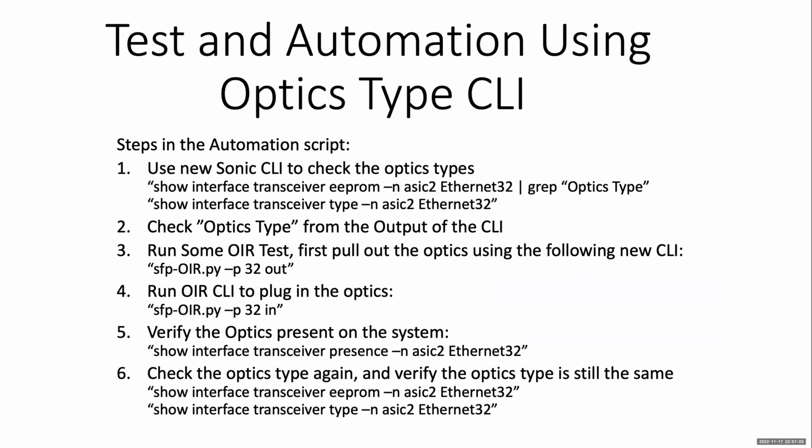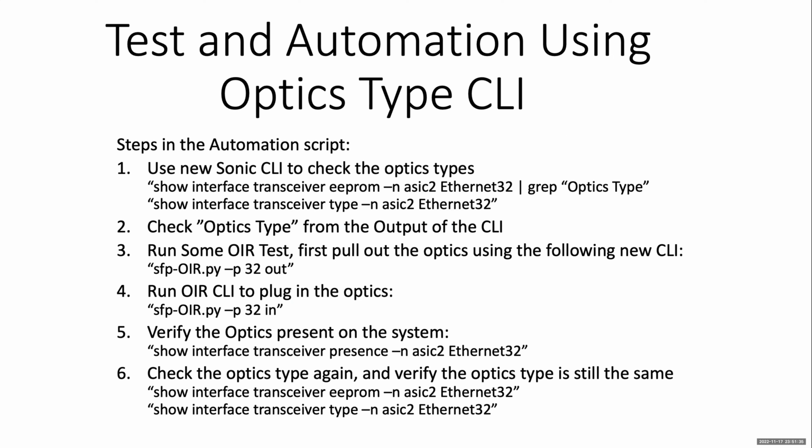This is one of my test automation scripts, and these are the steps. The first step is I use the new CLI Long developed to check the optics type. These are the two CLIs we can use to check the type. Then I grab the optics type information from the output. And then I run some simple tests.